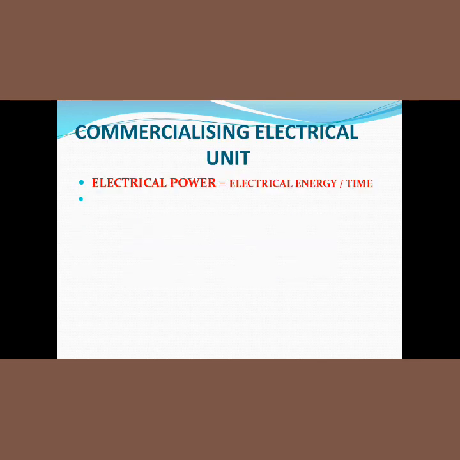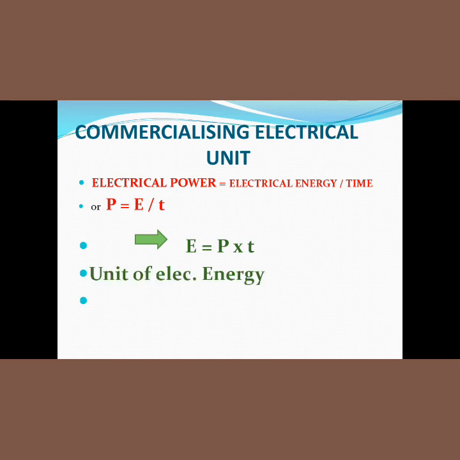Let us now see the electrical energy units being used for commercial purposes. Well, electrical power is electrical energy divided by time, or power represented by P is equal to energy represented by E divided by time T, or energy E equal to power P into time T. It means electrical energy can be deduced by simply multiplying power unit and time unit.